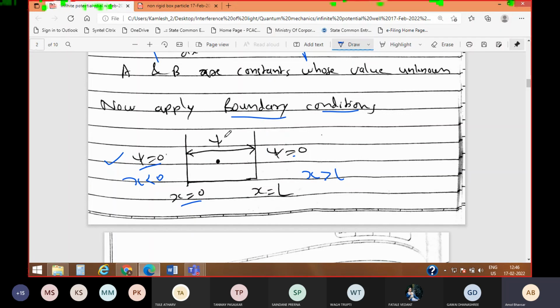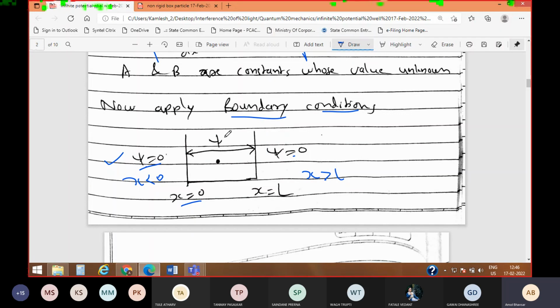So my equation becomes a into sine of k into 0. So this whole term becomes 0, plus b into cos of k into 0 is equal to 0. But k multiplied by 0 means 0. What is cos of 0? Cos of 0 means 1.